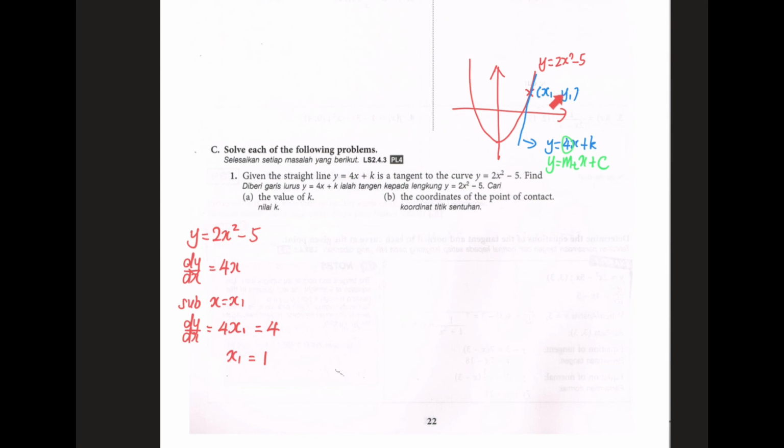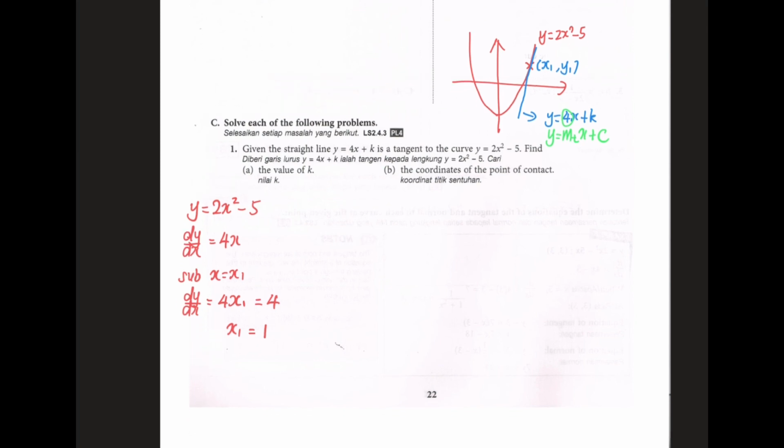Okay, so if you know that x1 is 1, then we can easily find the y1. We know the answer in B first. So no matter how, we just continue first. If I substitute my x1 into this point, it seems like I cannot find the y1 because I have an unknown here.